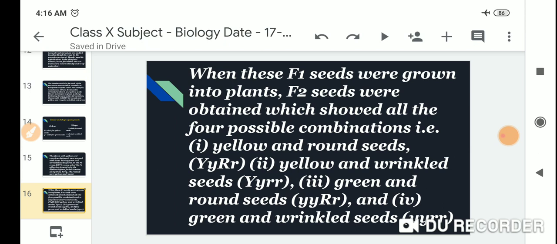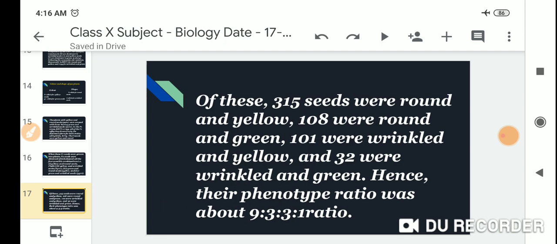And fourth one, green and wrinkled seeds, small y and small r. Dear students, of these, 315 seeds were round and yellow, 108 were round and green, 101 were wrinkled and yellow, and 32 were wrinkled and green. Hence the phenotype ratio was about 9:3:3:1.